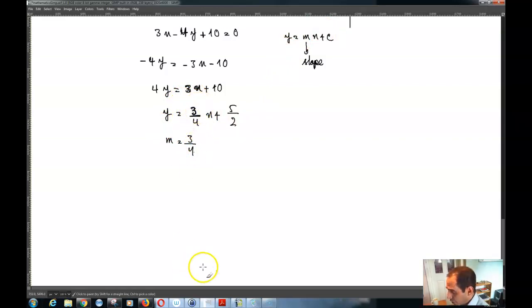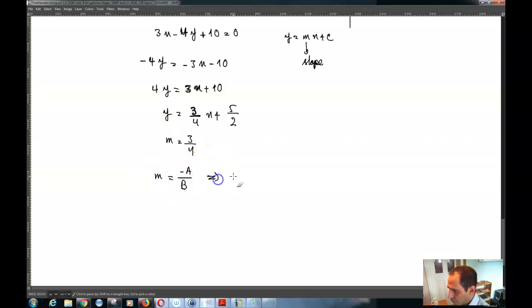And of course you can use the formula that we had. Using the formula, we said that when you have some equation in the general form, the slope of this line we wrote as negative a to b.